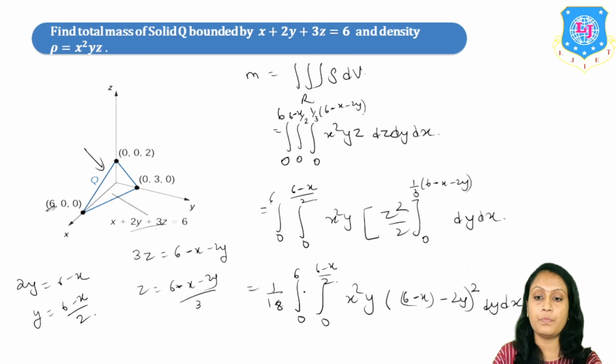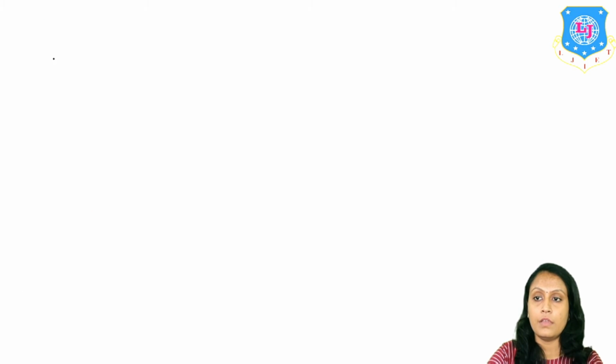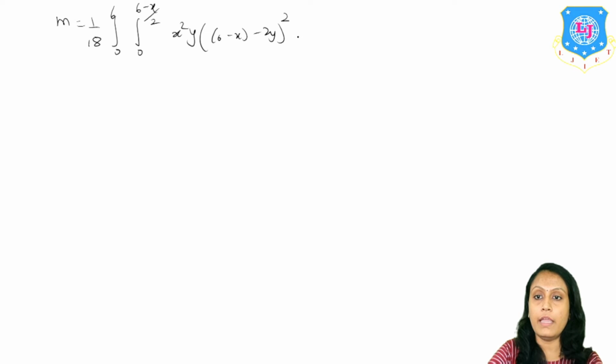So this is 1 upon 18 integration 0 to 6, integration 0 to (6 minus x) upon 2, x square y into (6 minus x minus 2y) whole square dy dx.